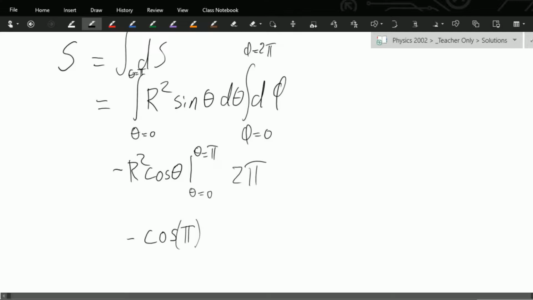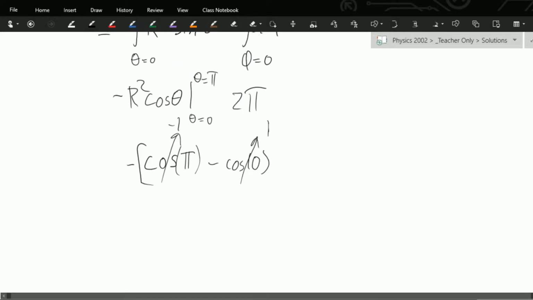So I'm just going to play with this for a second. So this is going to be cosine of pi minus cosine of 0. So this one right here, this is -1. This is 1, but we have a negative sign. So this is going to be -1 minus 1 times minus, which is going to give me 2.